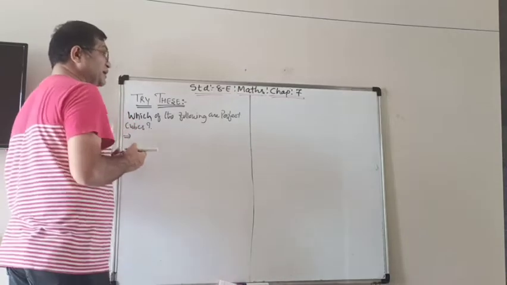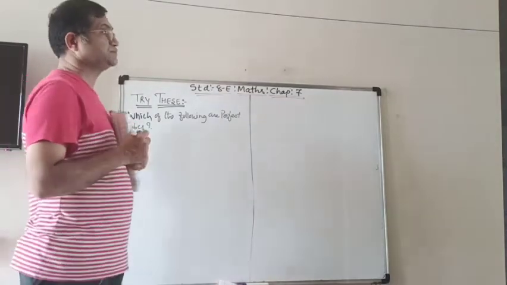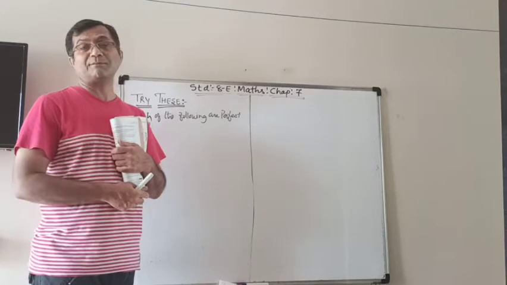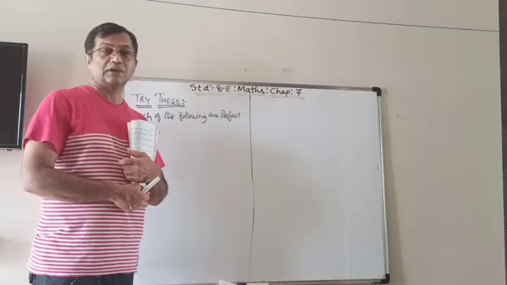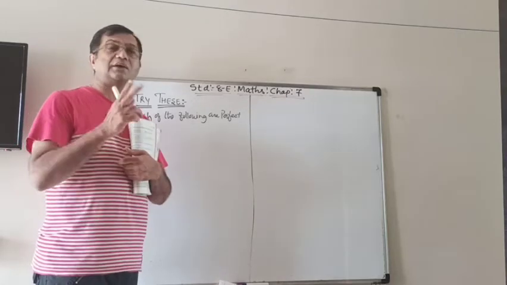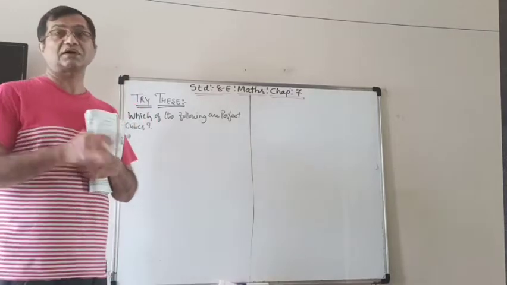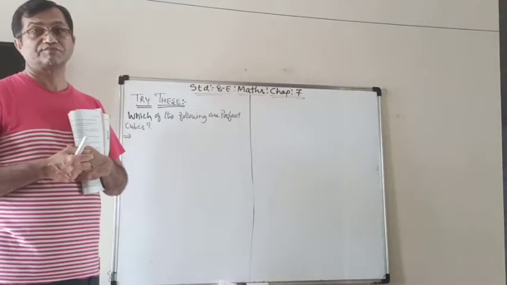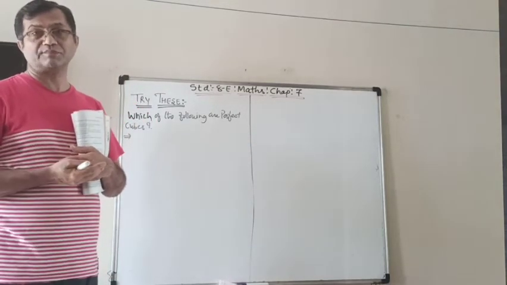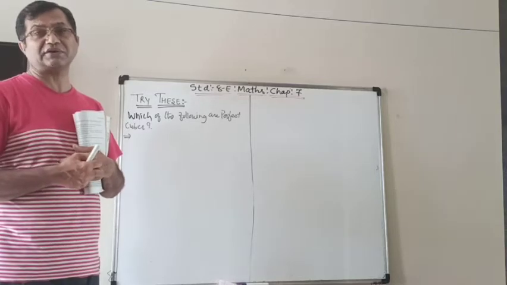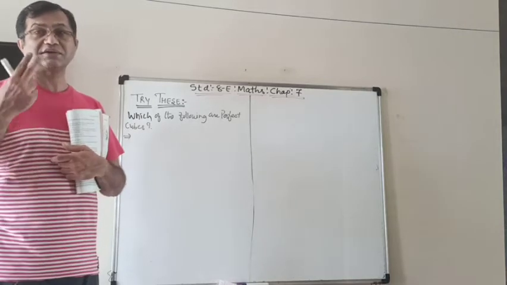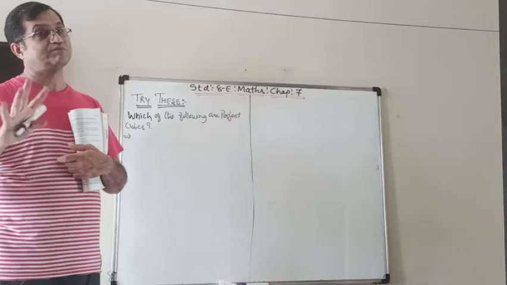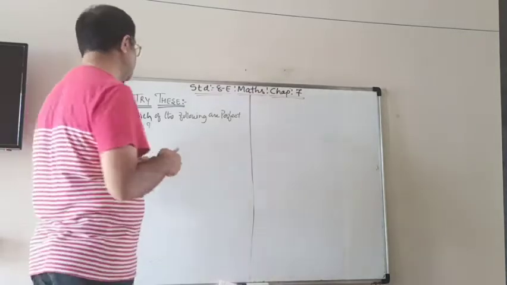As I explained, when we make the prime factorization, if all the prime factors occur 3 times, then it will be a perfect cube. If any one of the prime factors does not come 3 times, either it comes 2 times or 1 time, then that will not be a perfect cube.